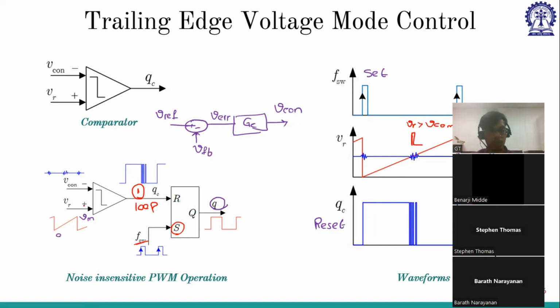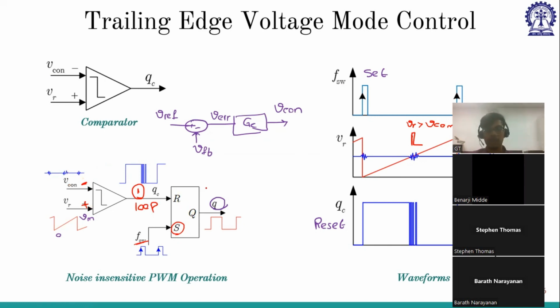So VR should be positive and VComp is negative. So whatever control technique you are using, you can first draw the waveforms. From the waveforms, you will know the signs, minus or plus. This cannot be plus and minus, because if that is there, then reset will become 0 at this point. So how you want it to work, that decides this minus and plus. And this is for trailing edge. When you go to leading edge, it will be exactly opposite. This will be plus, this will be minus, this will be set, this will be reset.